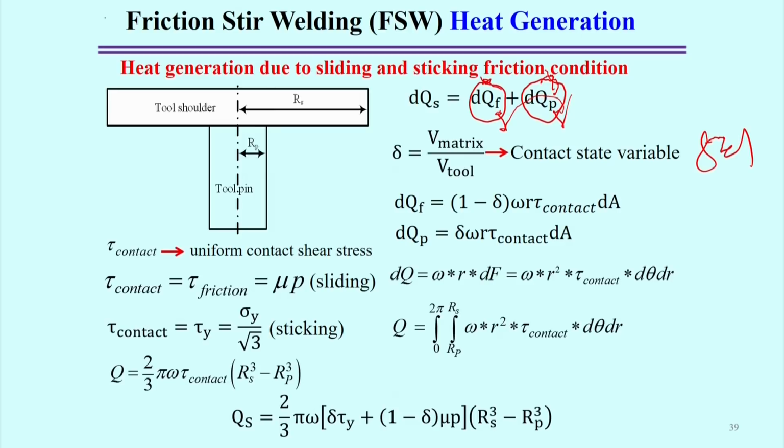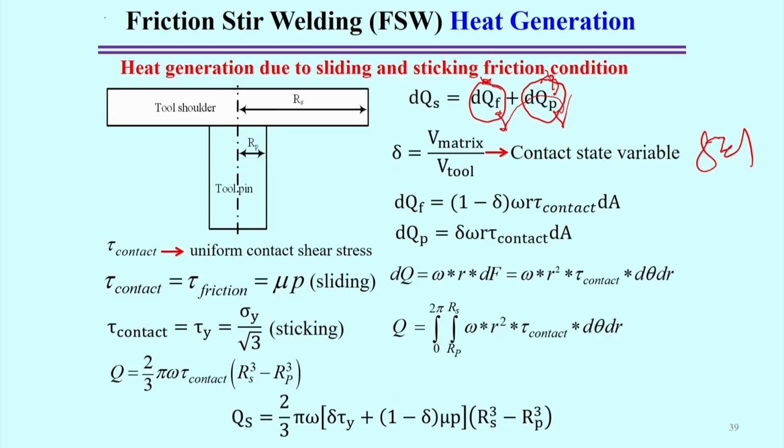If delta equals 0, that means V matrix equals 0, that means there is no material flow at all. So, those are the two extreme conditions. Up to a certain part it is sticking, maybe not 100% sticking, or maybe a certain percentage sticking and a certain percentage sliding prevails here. That is better explained with the state variable delta.